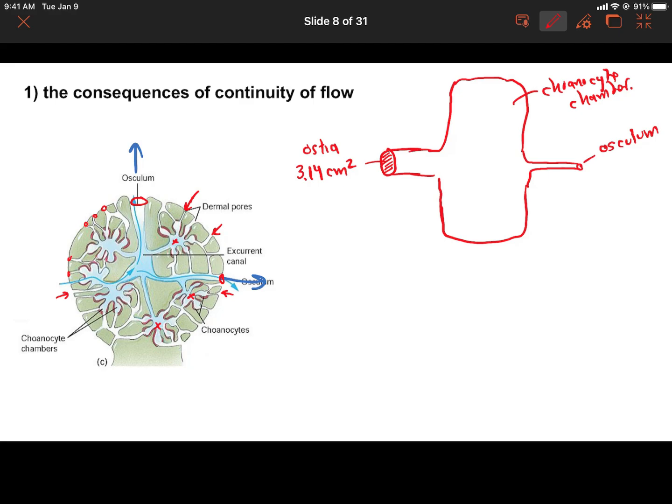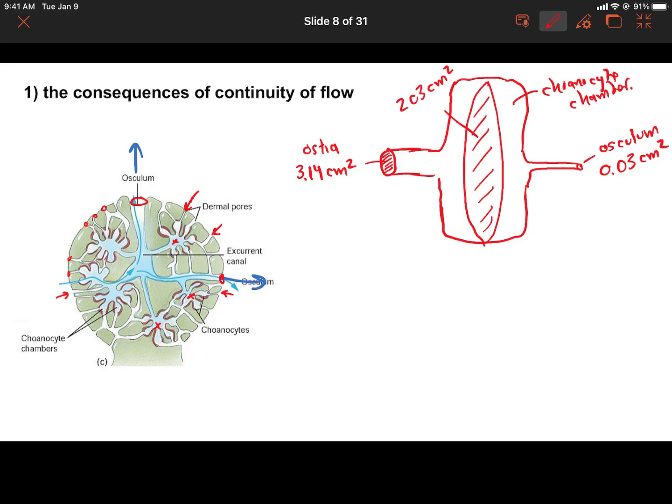The choanocyte cross-sectional area, so we're talking about this cross-sectional area right here, was 203, I think, centimeters squared. Yes. And the osculum cross-section was 0.03 centimeters squared. Okay, so we're talking about a single garden hose, but it has regions that are very big in diameter and regions that are small.